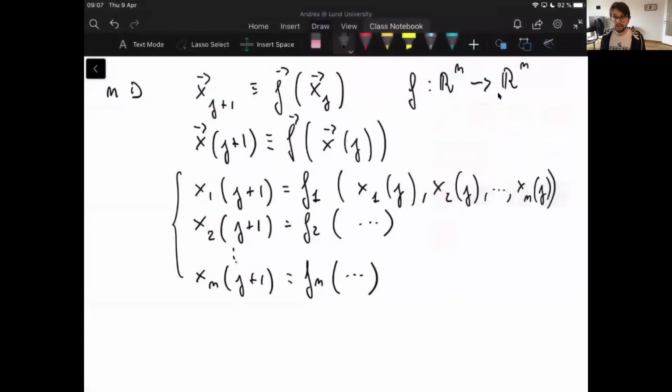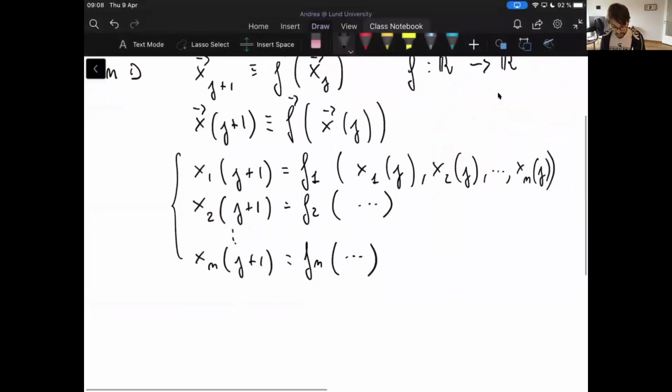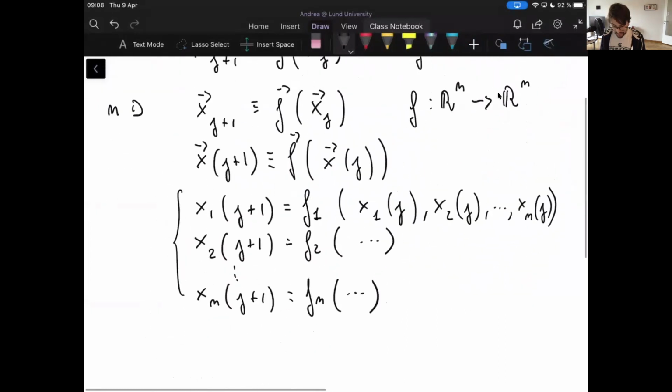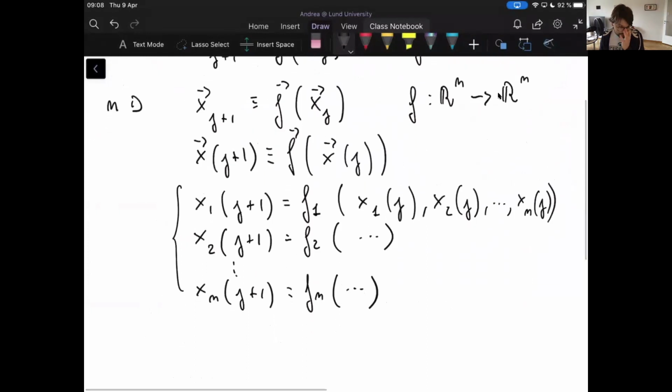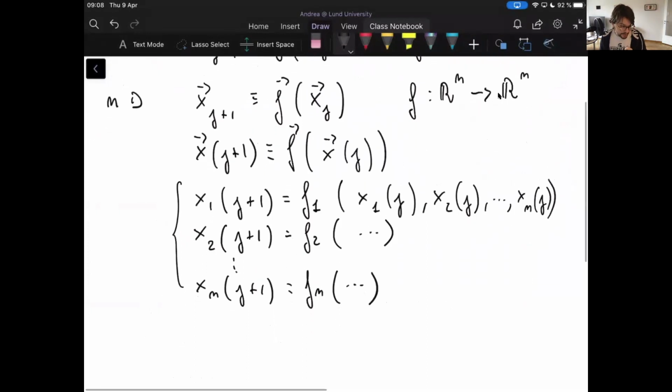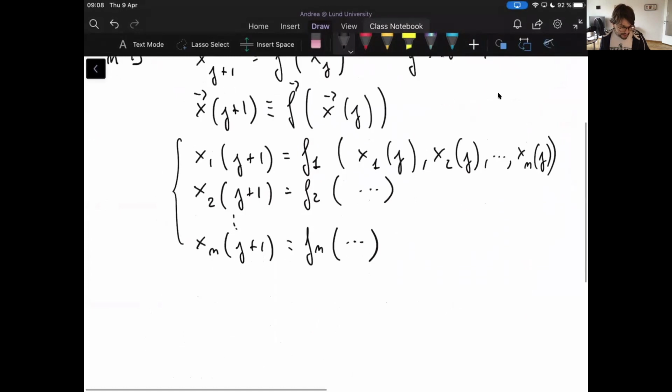Okay, so let's continue the description of the multidimensional maps. I'm sharing my screen. So you see the definition of a multidimensional map is pretty easy, and I can leave you an exercise.